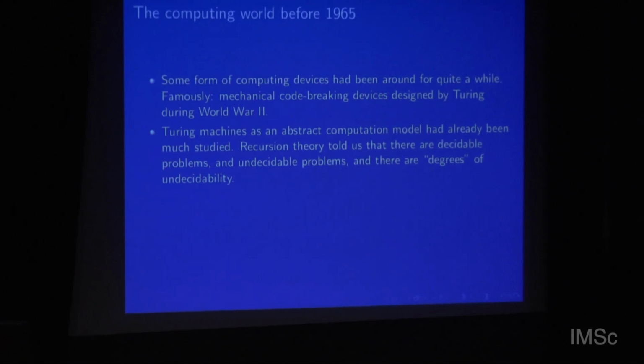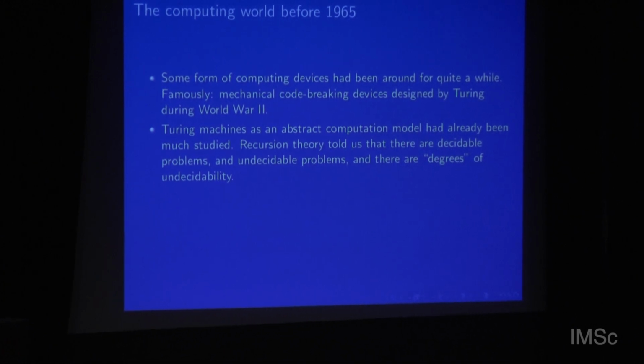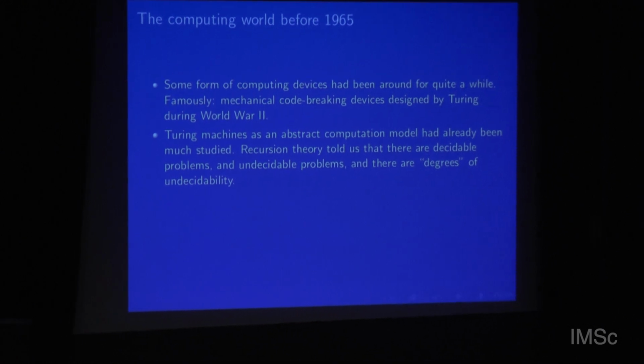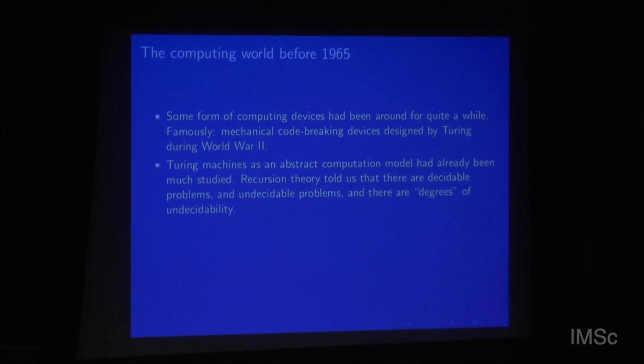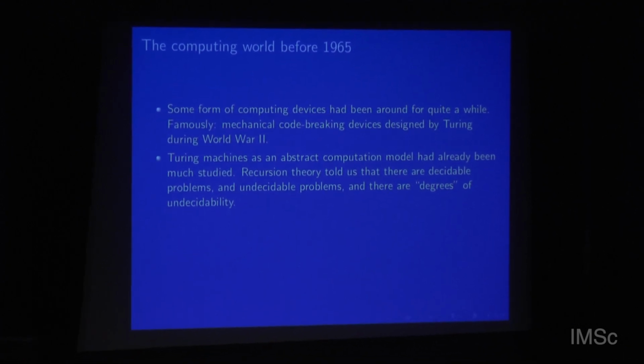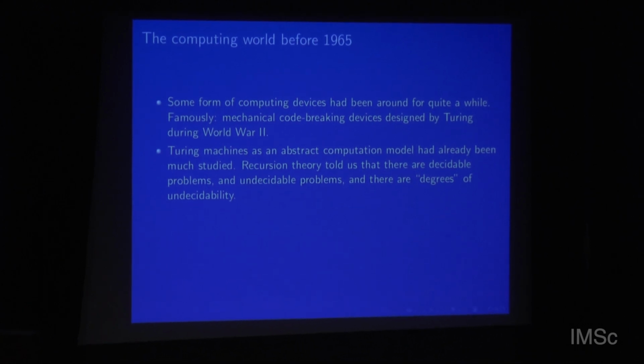So to start, to go to the very beginnings of computational complexity, let's look at the computing world even before 1965. That was a time when computing devices had become a reality. There were real computers. They had been used in some form for breaking codes during the World War and so on. So by then there was already this need for abstract formalisms to reason about these machines.